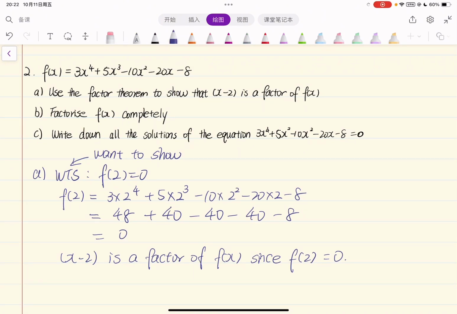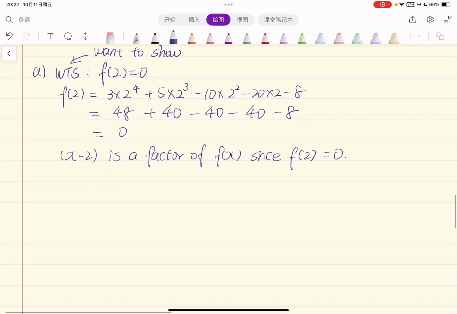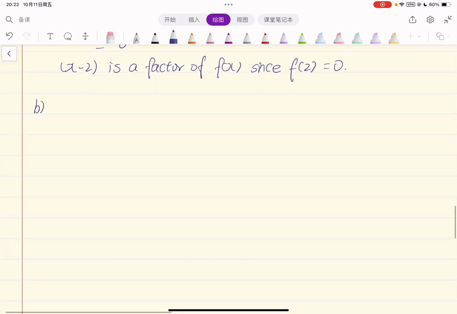Now let's see part B. It asks you to factorize f(x) completely. From part A, we know x minus 2 is a factor of f(x), which means f(x) equals x minus 2 times ax cubed plus bx squared plus cx plus d.